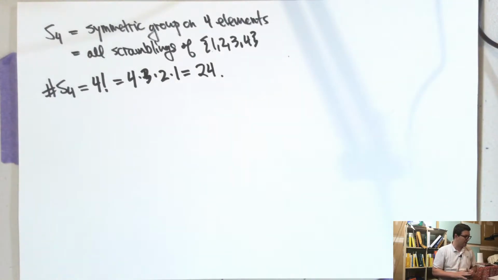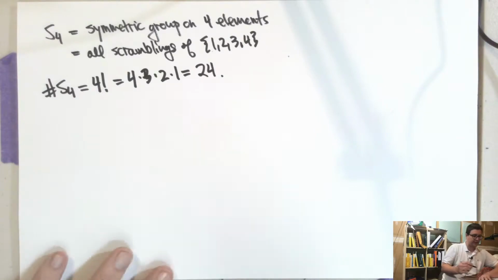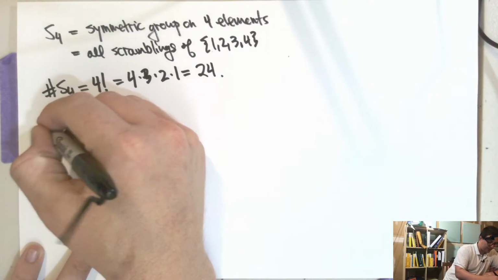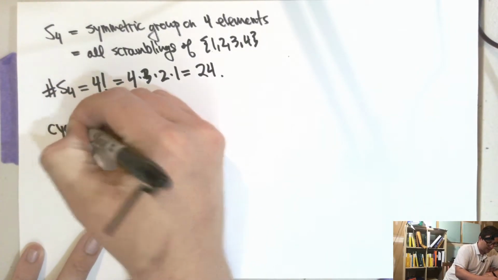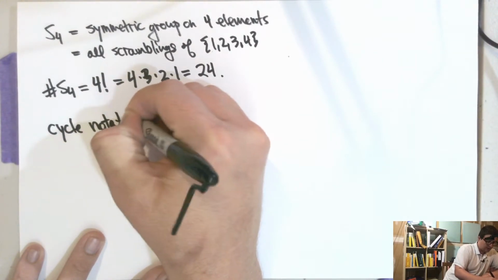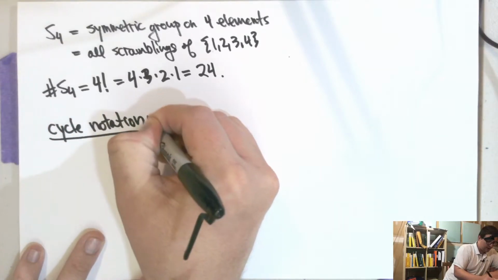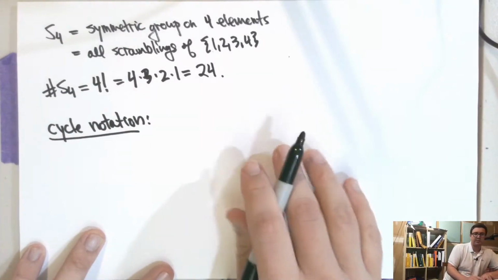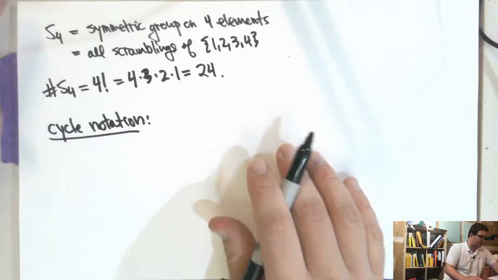So you can permute them in a bunch of different ways. And there's a thing called cycle notation. In cycle notation, every permutation can be written as a product of disjoint cycles.